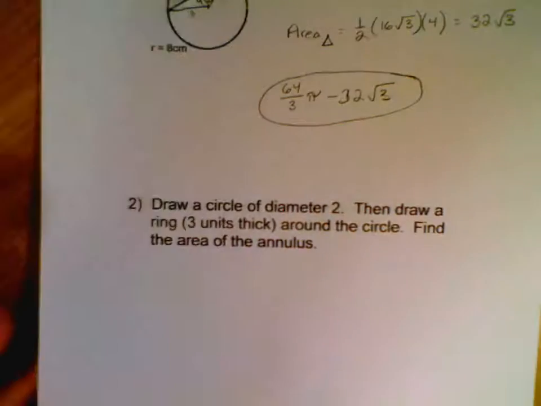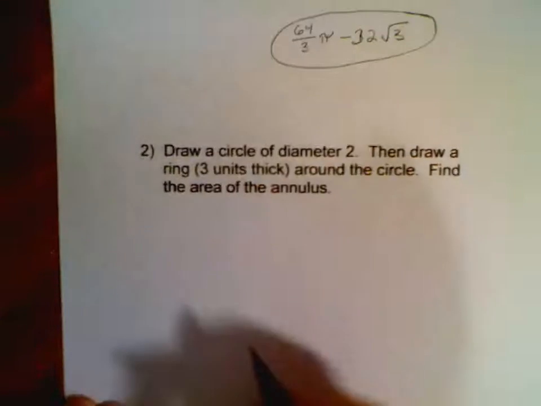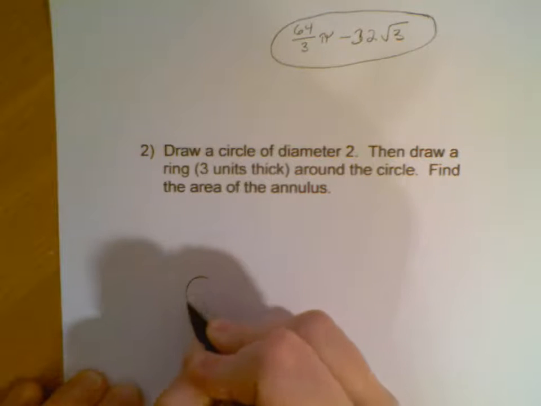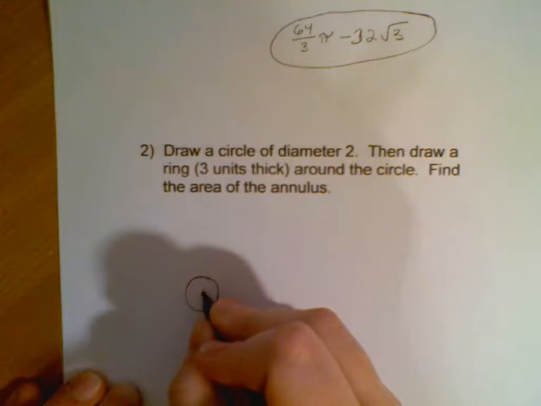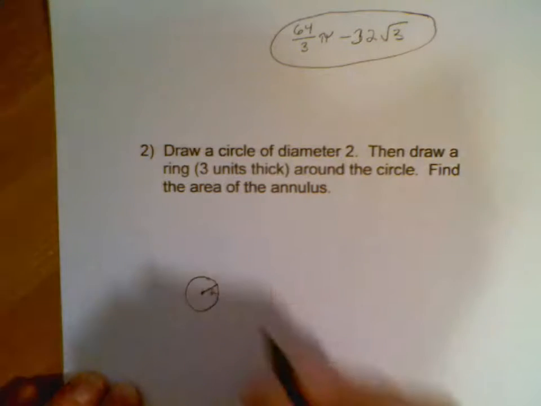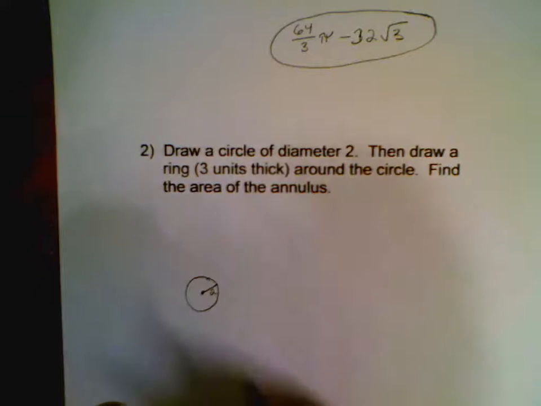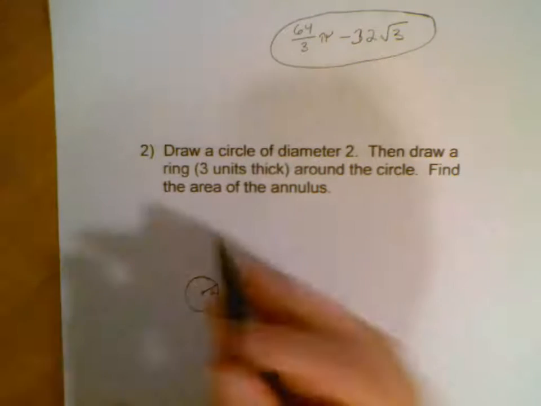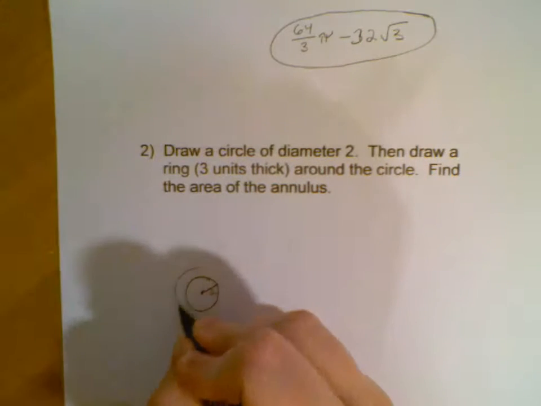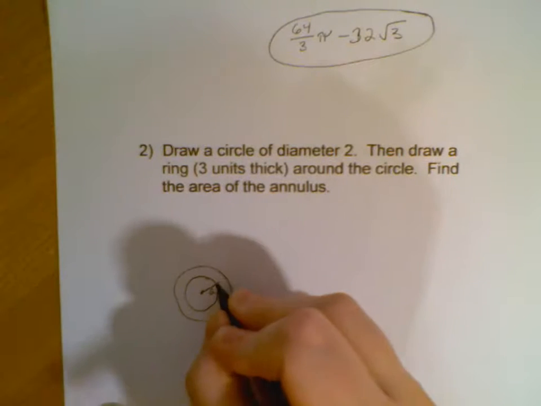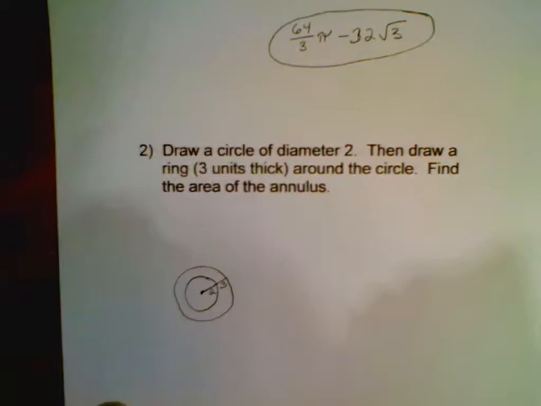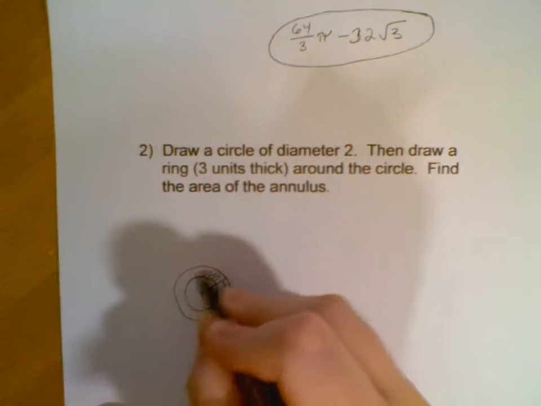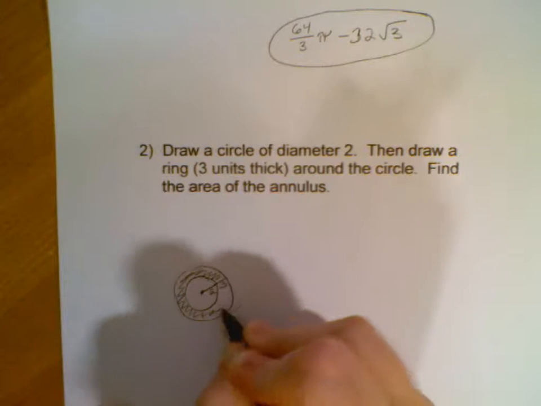So this one says to draw a circle of diameter 2 and then draw a ring that's 3 units thick around it. So a ring around it that is 3 units thick, and find the area between the 2 circles.